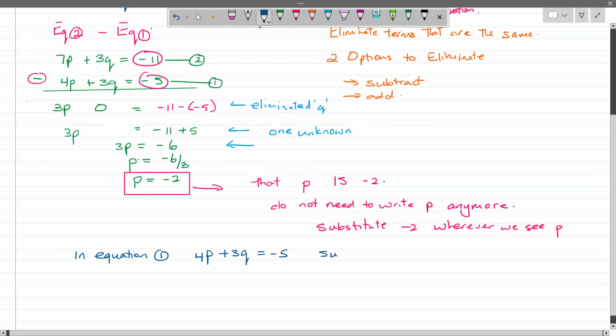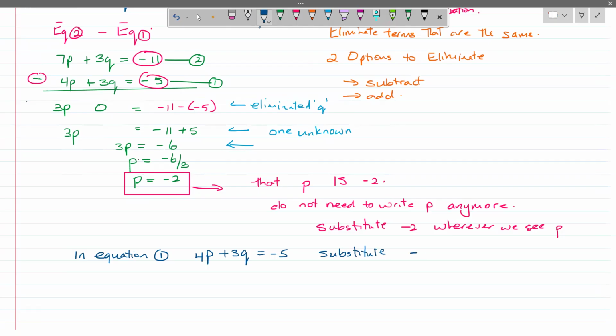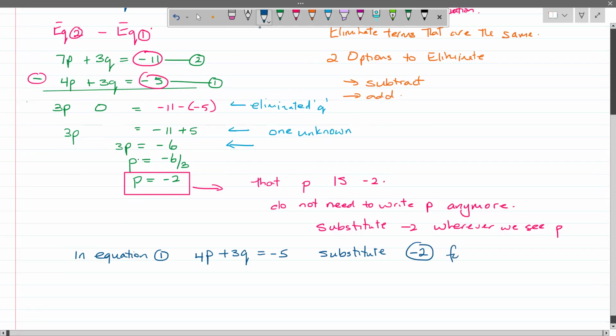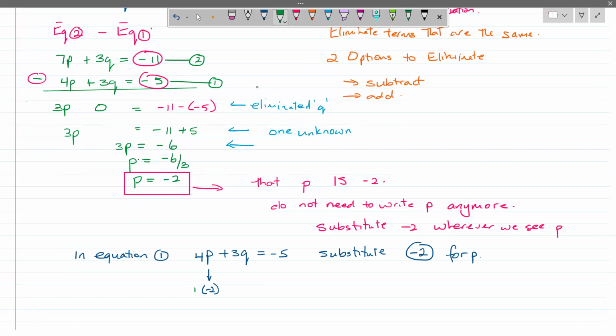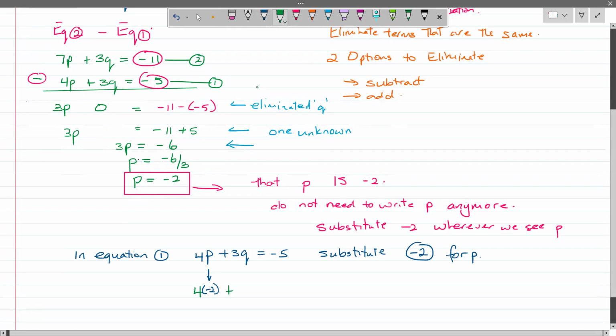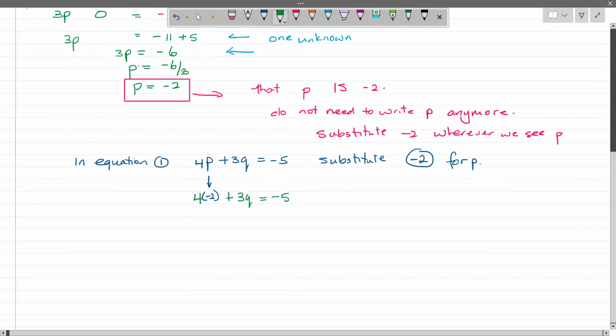And I say substitute minus 2 for P. It means here I will put a minus 2. But I have to put back everything else. Plus 3Q is equal to minus 5. This will give me negative 8 when I multiply 4 by minus 2.